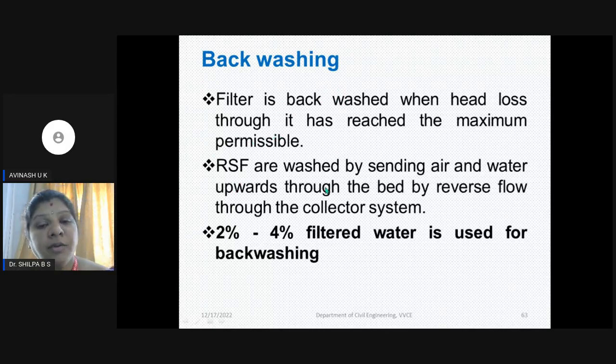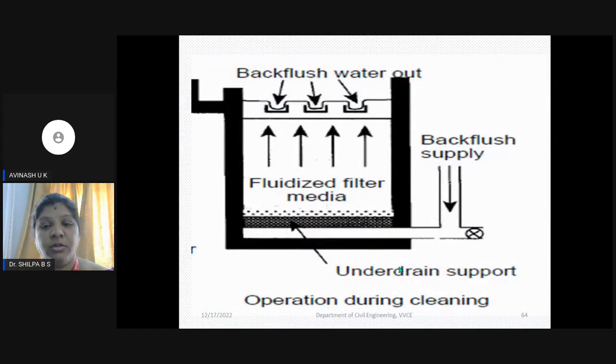Rapid sand filters are washed by sending air and water upwards through the bed by reverse flow. Here, 2 to 4% of the filtered water that we are treating will be used for backwashing. The mechanism is that we open the backwash water valve, and the outlet pipe will be closed.